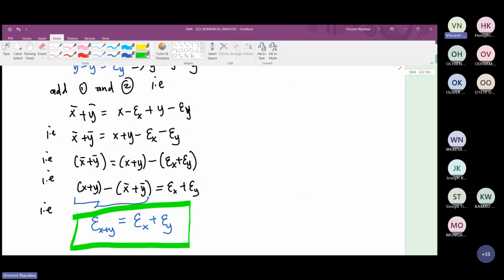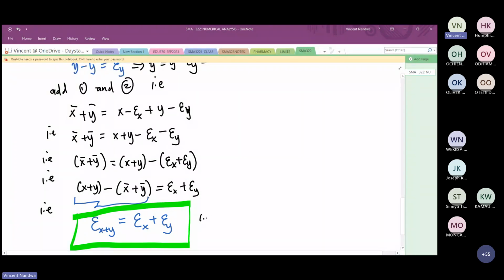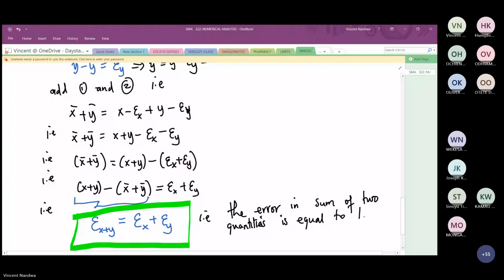And it's not a very new formula. You have seen this formula before in your high school. So we are saying that the error in the sum of two quantities is equal to the sum of the errors in the respective quantities.